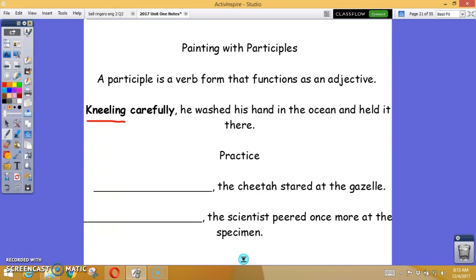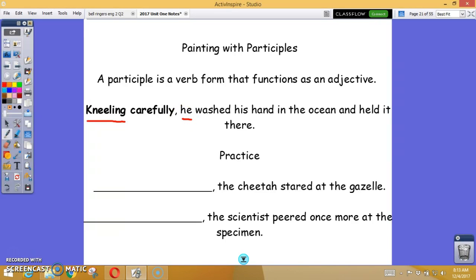Now, there's more to it than just that, but in this case it would be modifying. It's not acting to give us an action, as if I said, she runs down the street. Kneeling is actually describing, and in this case it's describing what he is doing.